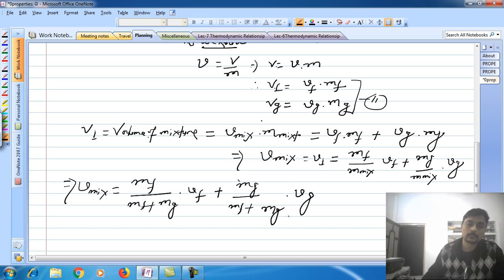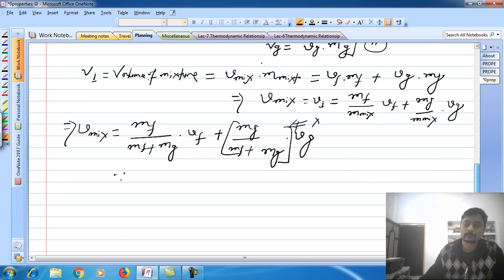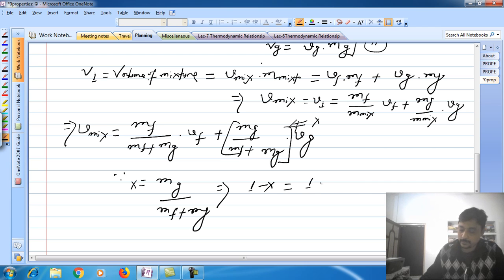We know this value is equal to x, right? So as we know, x is equal to the mass of vapor divided by the mass of liquid plus mass of vapor, so this implies 1 minus x is equal to 1 minus the mass of vapor divided by the mass of liquid plus mass of vapor.